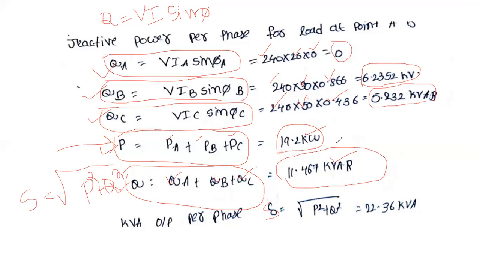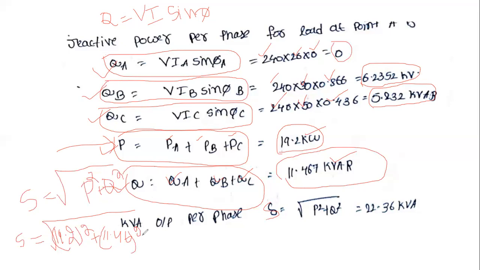What is the P value? 19.2 kilowatts. Therefore the total output, in kVA, is the square root of P square, where P is the total active power, 19.2 square, plus Q square, where Q is the reactive power, 11.46 square.